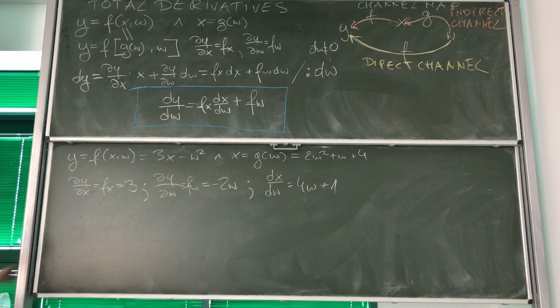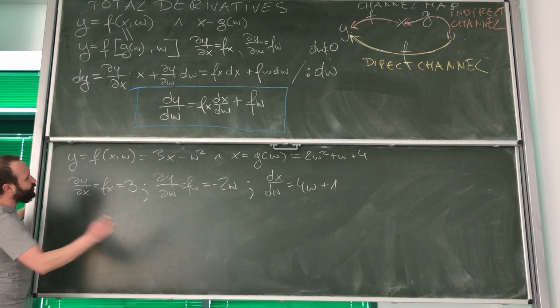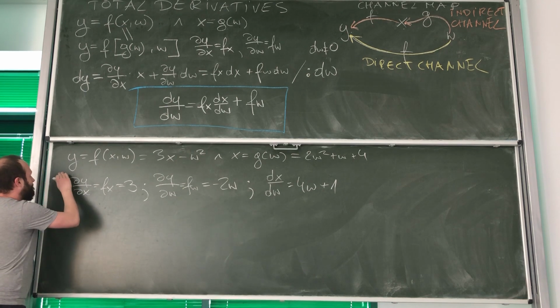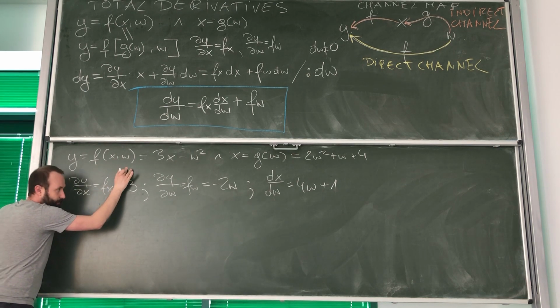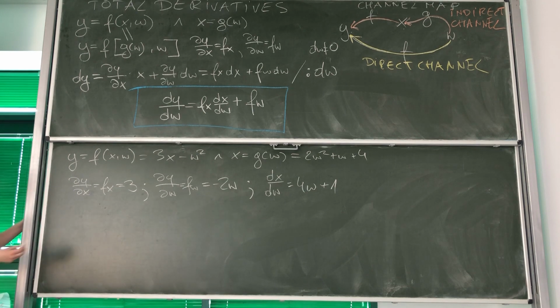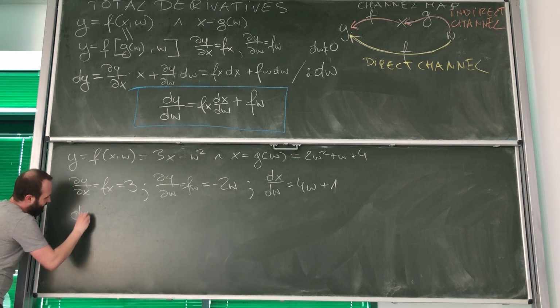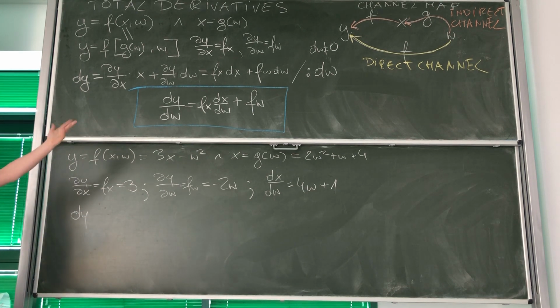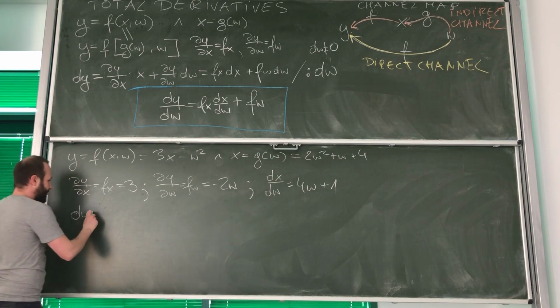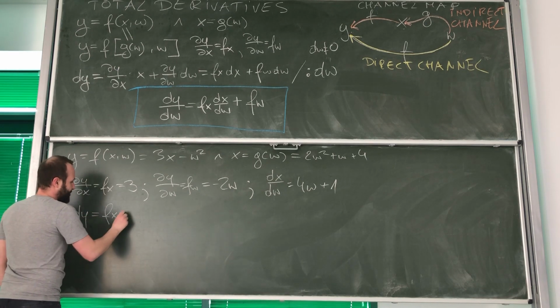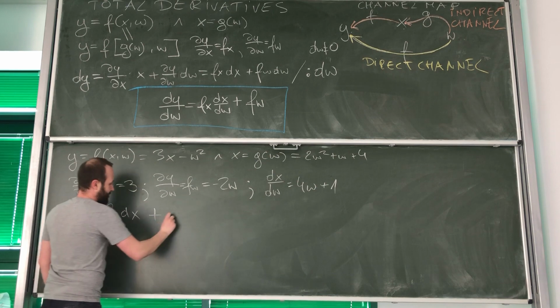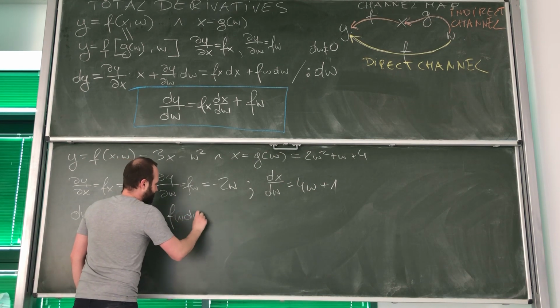Okay, so now let's calculate the total impact of w on y. Okay, let's do it in steps. However, as I said, later you can do it as fast as you can. So we've got that this is fx dx plus fw dw.